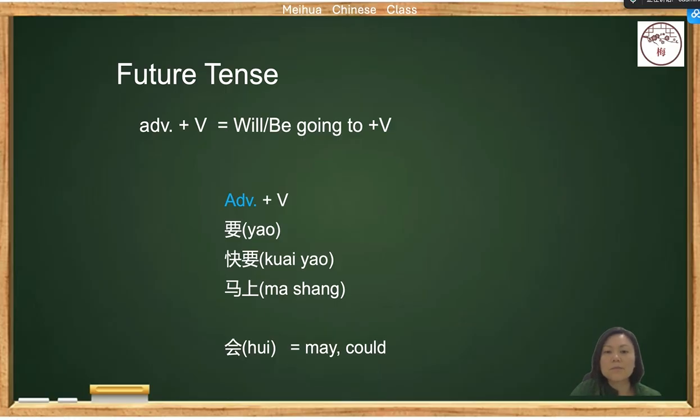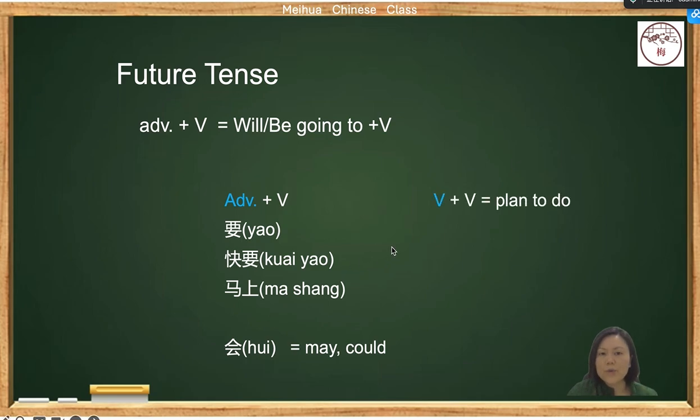Something might happen, may happen, but may not happen, or something we're not 100% sure is going to happen. We can only conclude that it may happen, it could happen. So this is the difference.